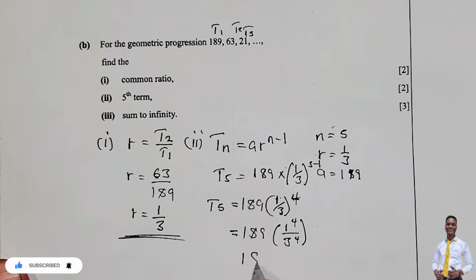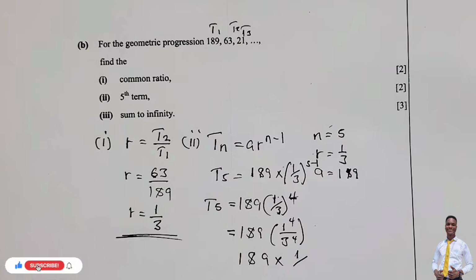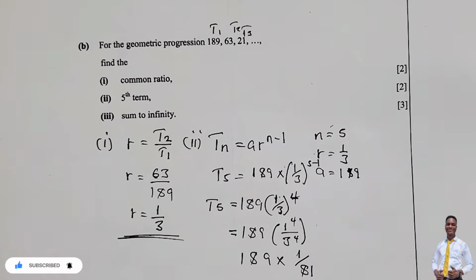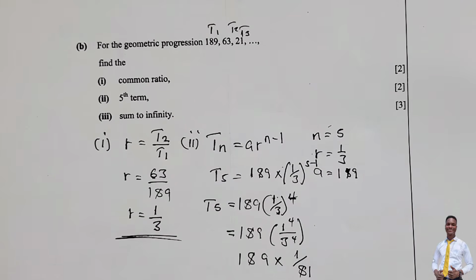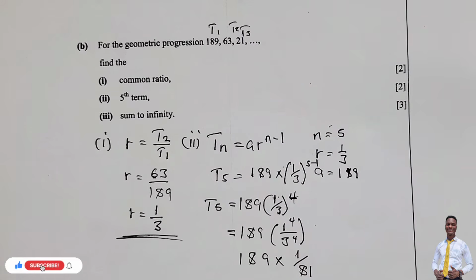So we have 189 multiplied by what? 1 to the power 4 is just 1. What is 3 to the power 4? 3 to the power 4 is 81. Now, how many times does 81 go into 189?